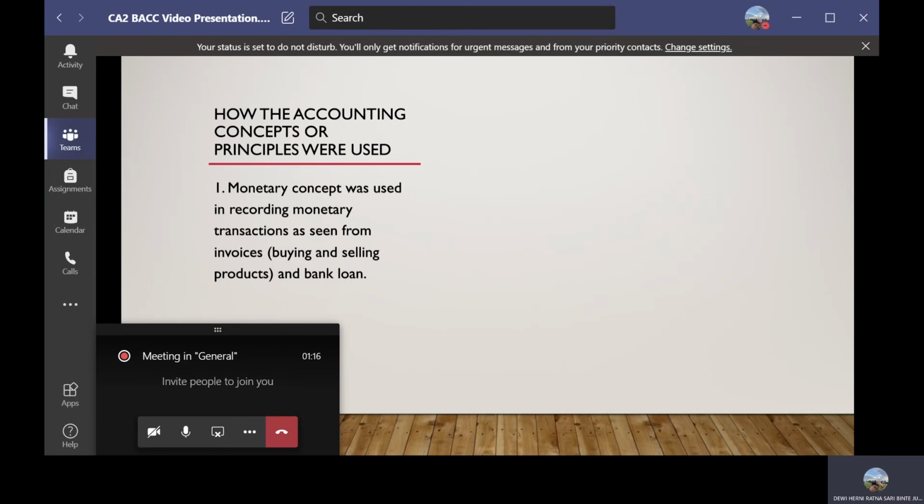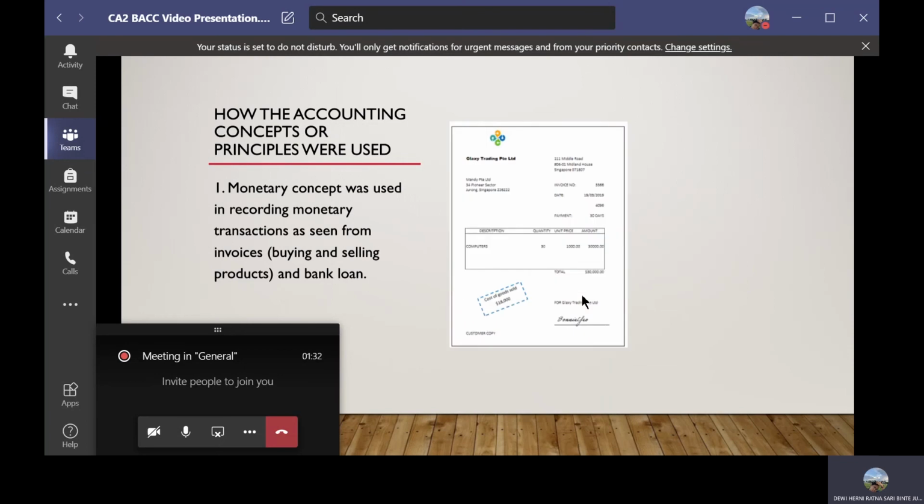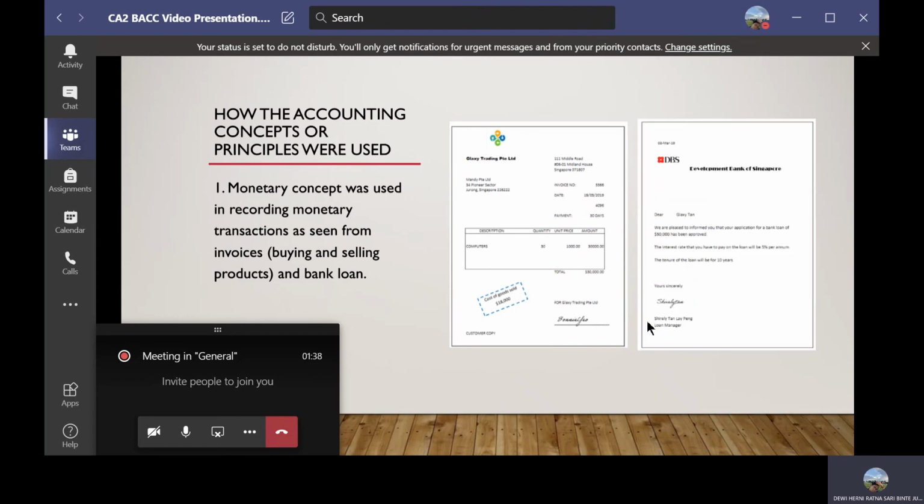To define the monetary concept, it is when a business should only record transactions if they can be measured in monetary terms. For example, as seen in the visuals here, Galaxy Trading has sold goods that cost $18,000 and applied for a bank loan with DBS amounting to $50,000.